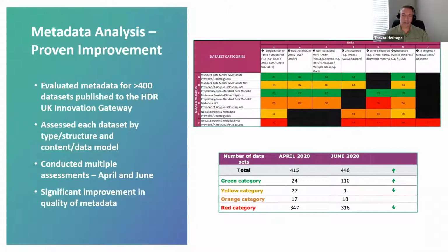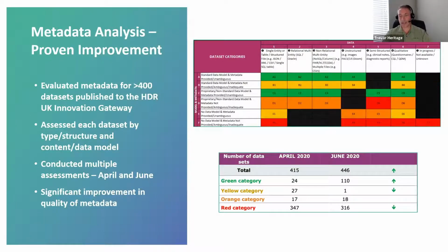And also in terms of the data model, how well that model is described and how accessible that model is to me. And we categorize the data sets accordingly, as you can see in the grid here, with the goal, obviously, to be in one of the green categories where you have a set of data in a consistent format, well described and accessible to me for whatever my downstream purpose is.